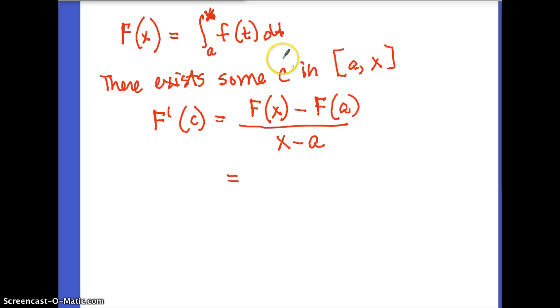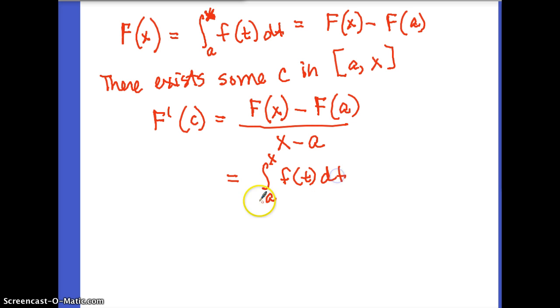F of x minus f of a, you know that that really is equal to this definite integral. So that's the integral from a to x of f of t dt over x minus a. And what we said about this is that it's just going to be f of c.